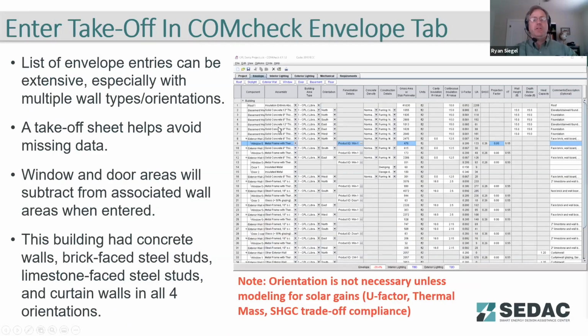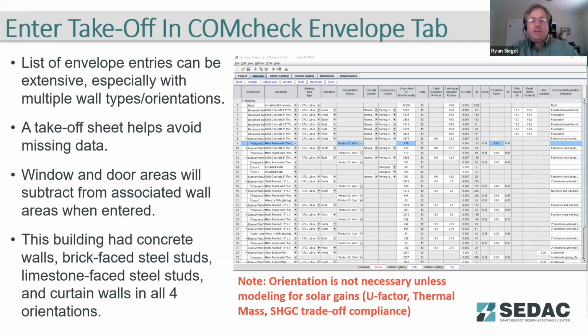And what this helps you to do is when you compare your takeoff sheet to the COMcheck entry, it may help you identify if you perhaps missed one of the lines as you're going through in doing all the data entry, because understanding and copying all of this over can be fairly dramatic.